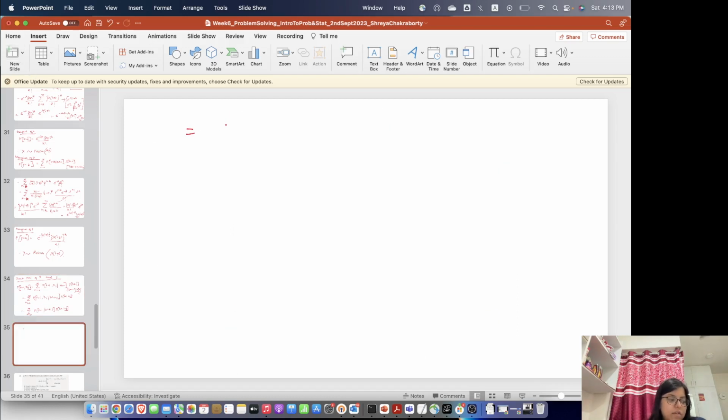So that we can write as (i plus j) choose i, p to the power i, (1 minus p) to the power j, into e to the power minus lambda, lambda to the power i plus j by (i plus j) factorial.